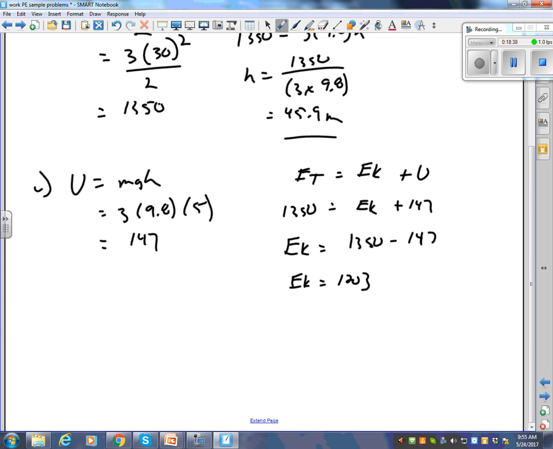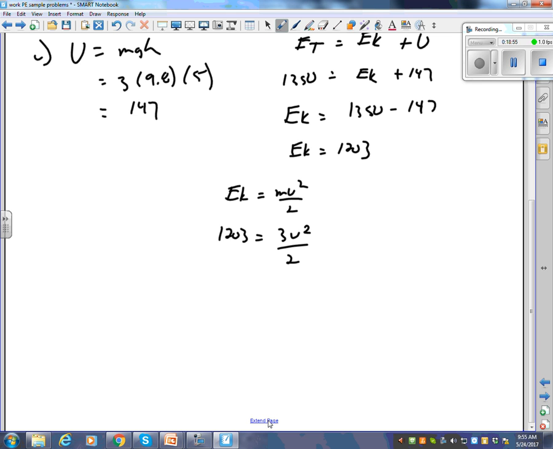And now EK is mv squared over 2. 1203, mass is 3, velocity squared over 2. 28.3.